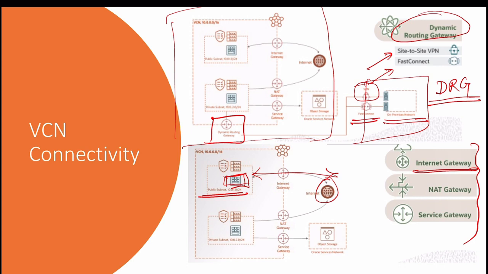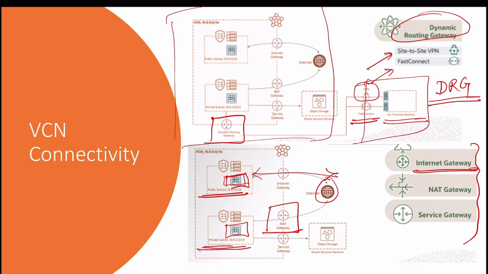Next, if our instance just needs to get updates from the internet but our traffic will not go out, meaning the connection is one directional, in that case we will use the NAT gateway. It is normally used for patching or getting updates from the internet, and in this case our instance will be in a private subnet. That needs to be understood.